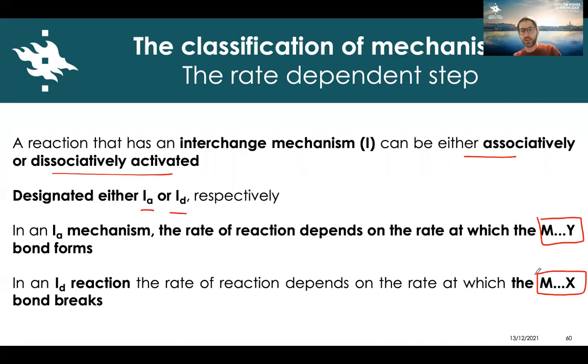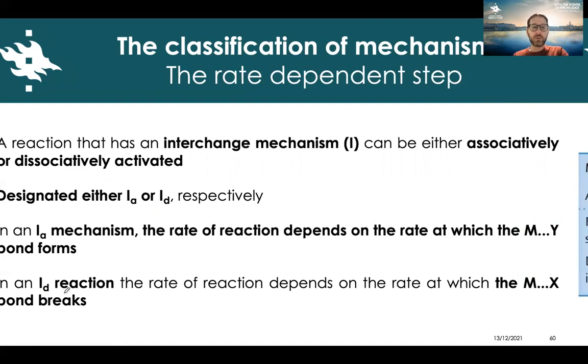So if the rate determining step depends on the identity of the entering group, this means that the rate determining step depends on the formation of this bond, and therefore we have associative activation. And in the dissociative activation, we will have no dependence on the nature of the entering group.